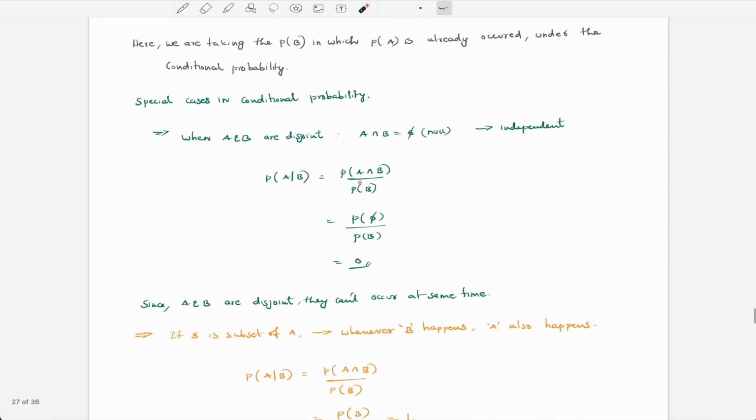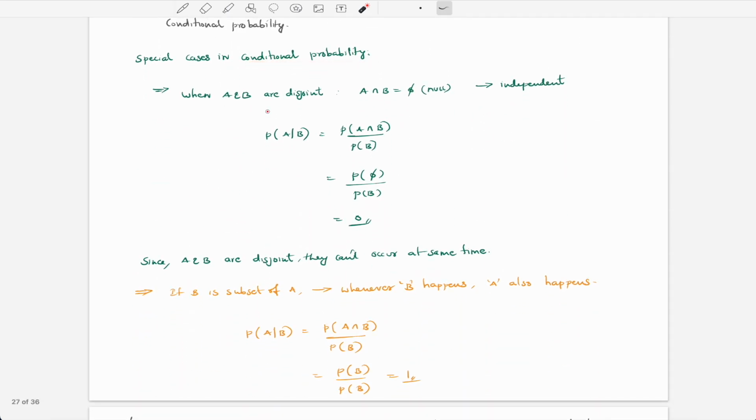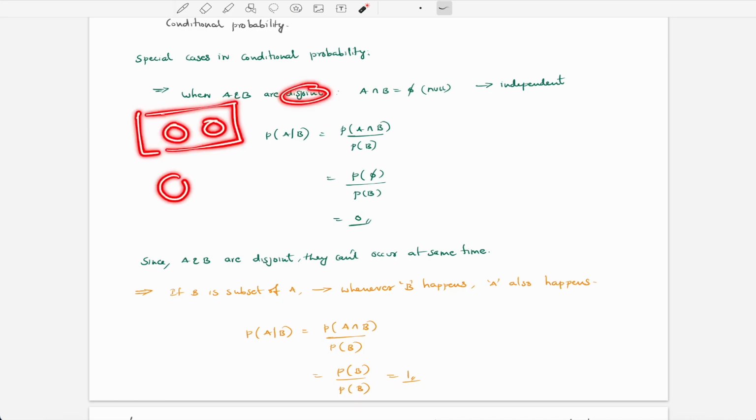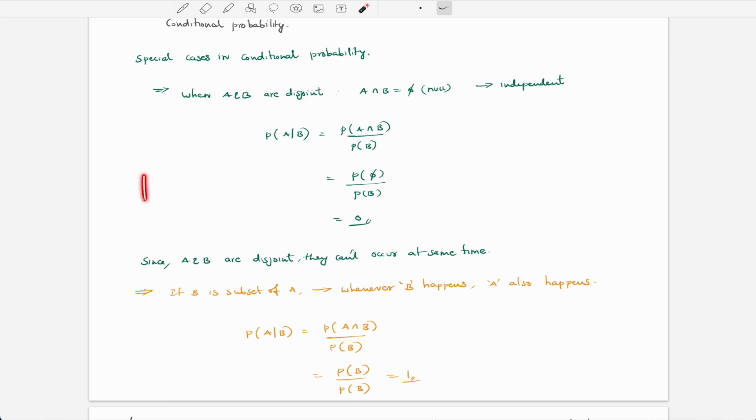So there are some special cases in conditional probability. What are those special cases? When A and B are disjoint, which means they cannot both occur. What do I mean by this? If they are disjoint, then A intersection B is equal to null.